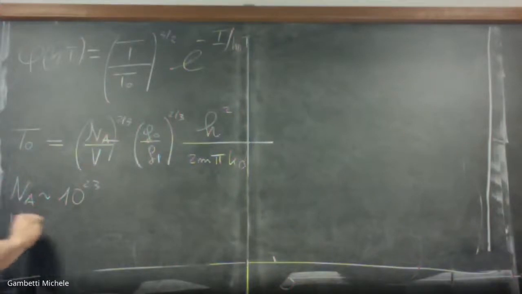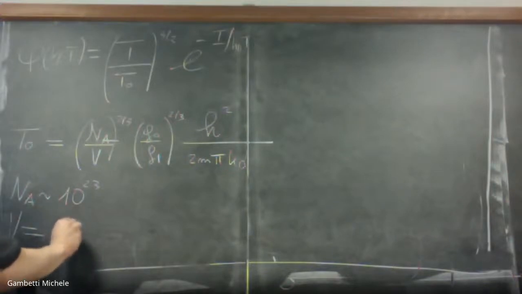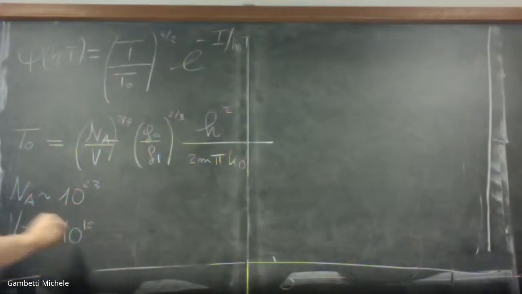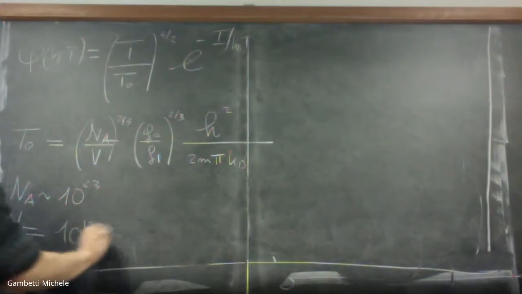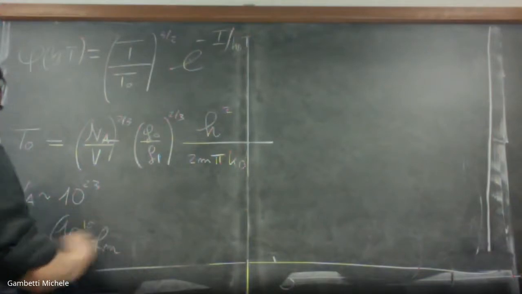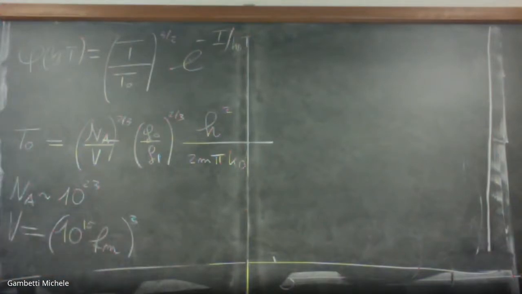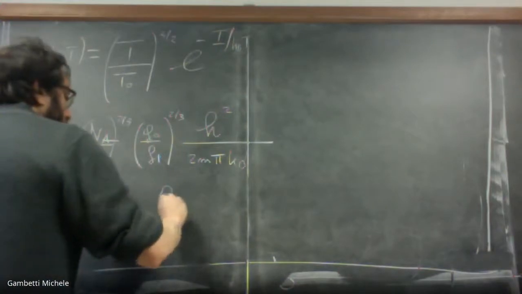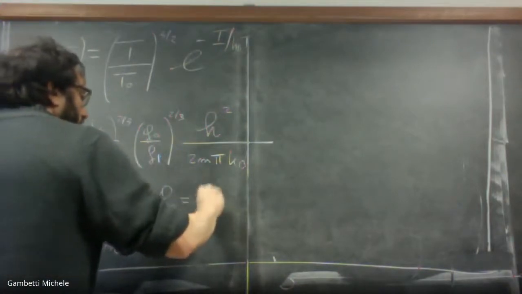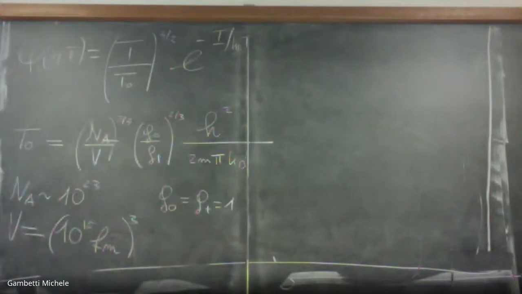Let me take the volume as 1 meter cubed. So let's say it's 10 to the power of 15 Fermi cubed. Let me consider G0 equal to G plus equal to 1, just for an order of magnitude estimate. This, of course, will depend on the arguments that you have.